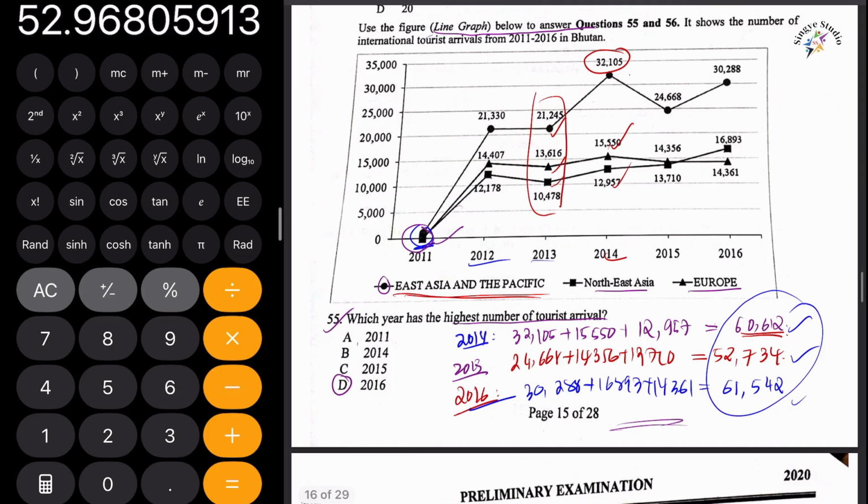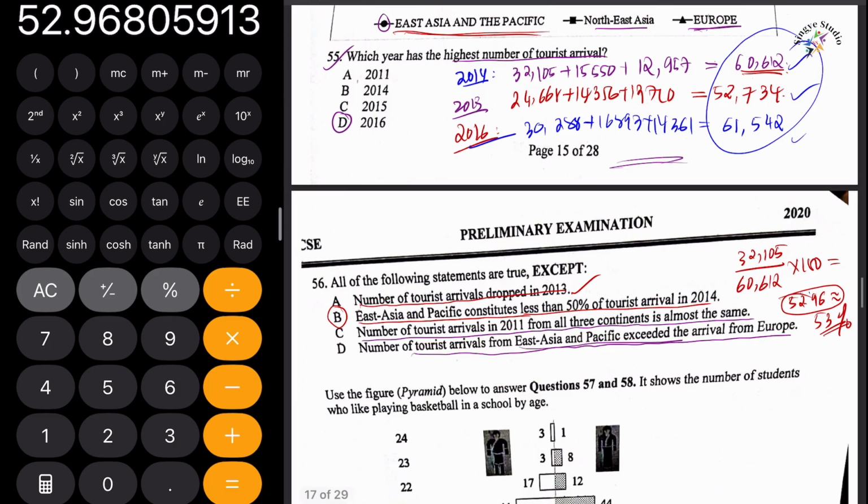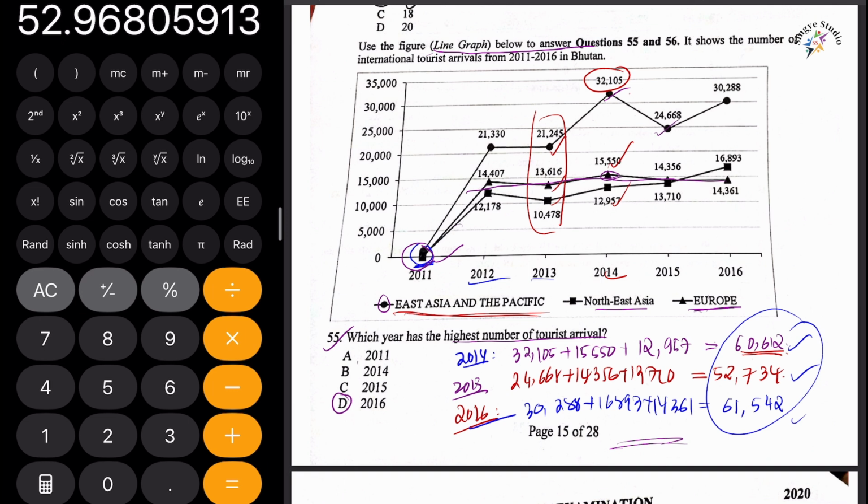This triangle line represents tourists arriving from Europe, and this is the graph which represents East Asia and Pacific. This trend line is above that trend line, which means the East Asia and Pacific numbers are greater than Europe, so this is correct.